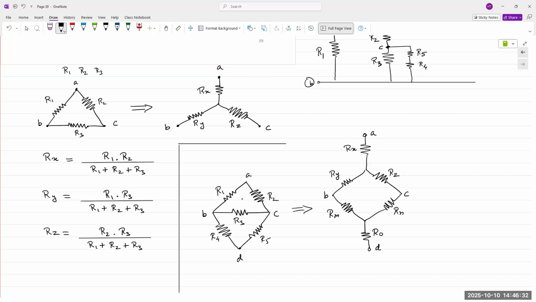And now that we have a transform, we can see Ry and Rm are in series, Rz and Rn are in series, and then those on the left and right are in parallel. We reduce it down to one single REQ easily. Let's take a pause while you think over all of that. Let me know if you have any questions.